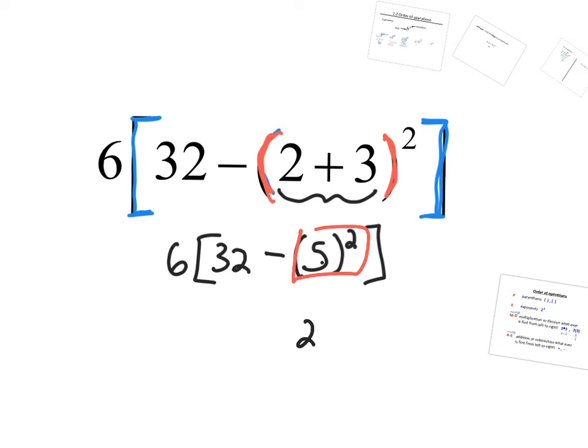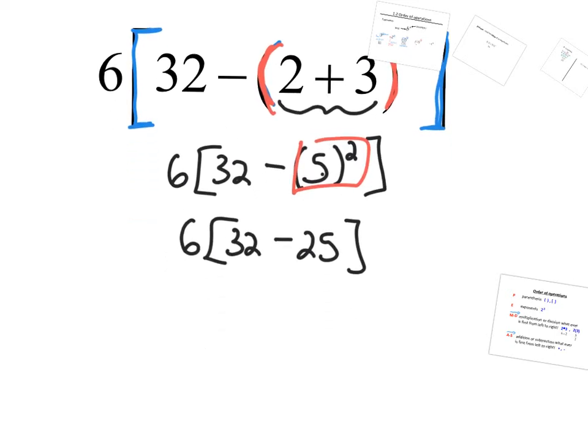You square the 5. You put the brackets, the minus, and the 32, and the 6 outside. Inside of the brackets, we're not done. Now you are going to subtract 32 minus 25. So that's going to be 7. You bring down the brackets and the 6 outside.